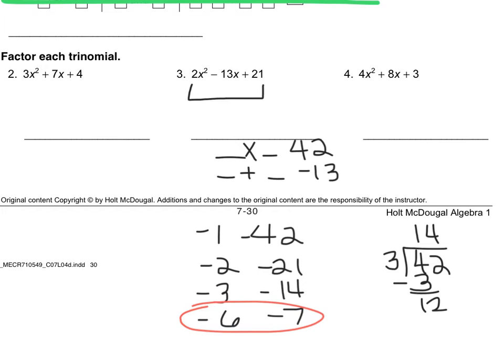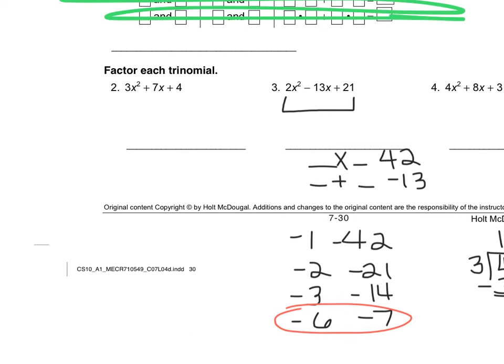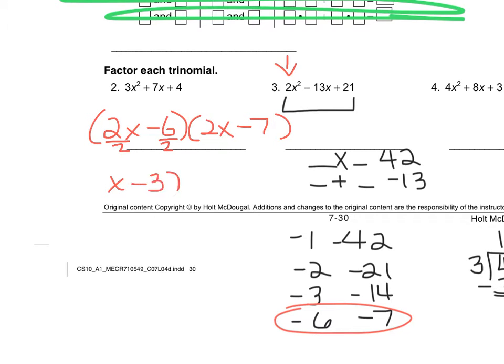So now here's where I bring in my trick. So to factor this, I take the first term right here, the 2x. It's the beginning of both of my binomials. And then the two factors that I just found. At this step, this is where you simplify. The first binomial can be reduced by dividing them both by 2. And it gives me x minus 3.